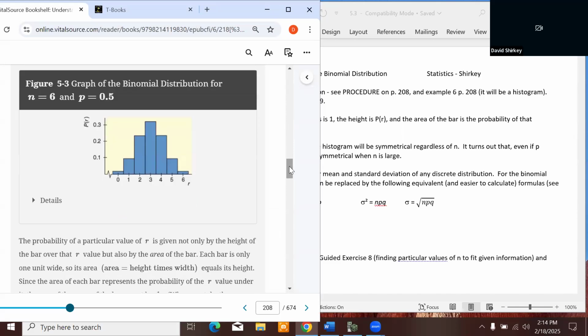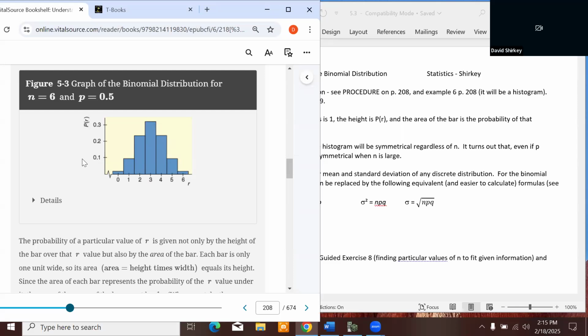And so your graph is going to look something like this, figure 5.3. This is on page 208, by the way. You see these are the number of successes, 0, 1, 2, 3, 4, 5, or 6, right? So those are your R values. Your P of R values are going up the side here.